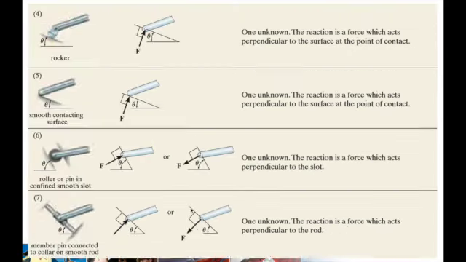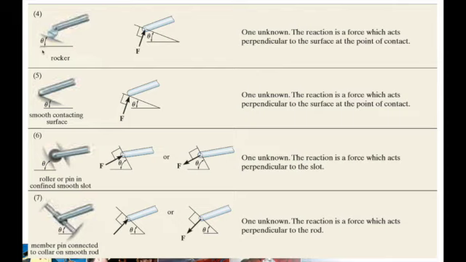Okay, so here are other types. We also have a rocker connection. This is usually applied when there is expected vibration, I think. So there is also one unknown. The reaction force is perpendicular to the surface of the point of contact. So it's somehow the same as a roller connection.